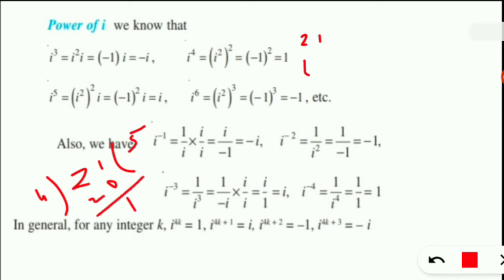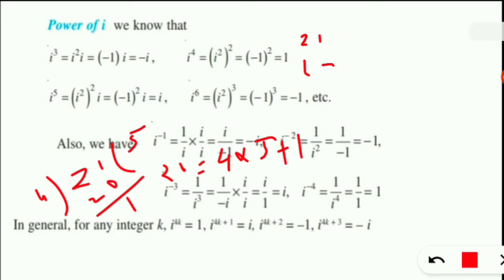Clear? That means if we find the value of i to the power 21, simply divide 21 by 4. 4 into 5 is 20, with remainder 1, so 21 equals 4 into 5 plus 1.